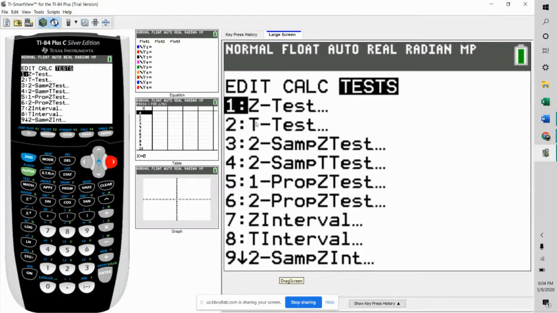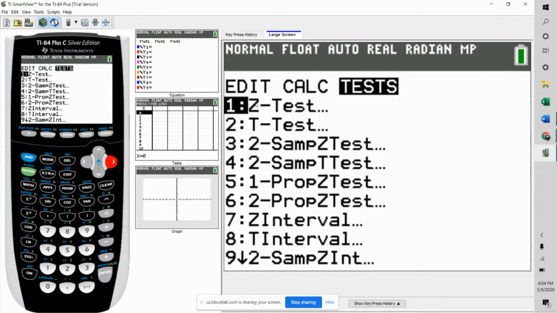Yes, when it is greater than or equal to 30, it does usually follow a normal curve, and the Z test is usually used. But if you are given a sample standard deviation, you use T. If you are given a population standard deviation, you use Z. So be careful of that. It doesn't just go by sample size.